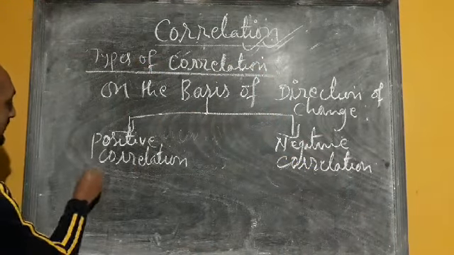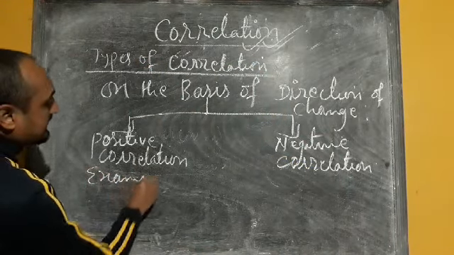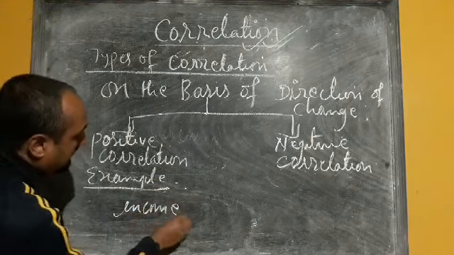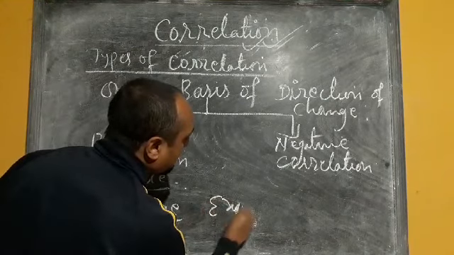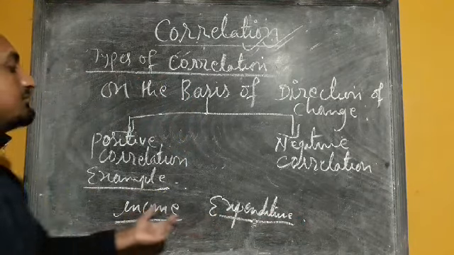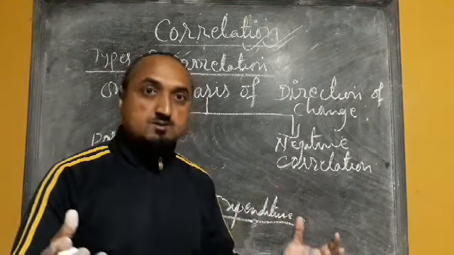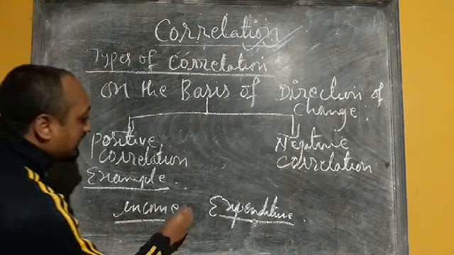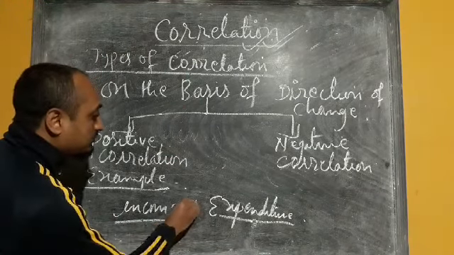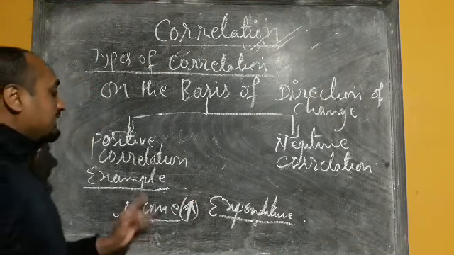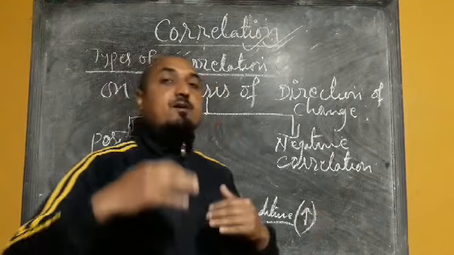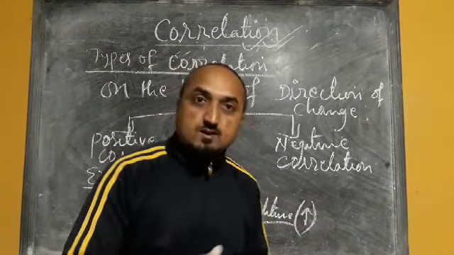Let's take an example, income and expenditure. These are two variables. When income increases, this upward arrow shows an increase in income, the expenditure will also increase.